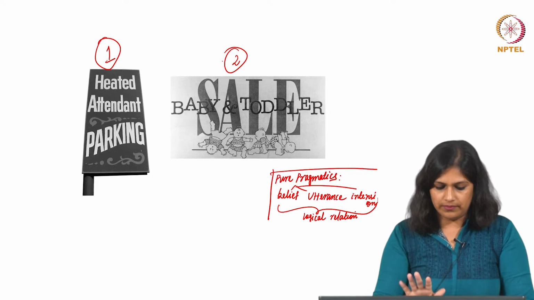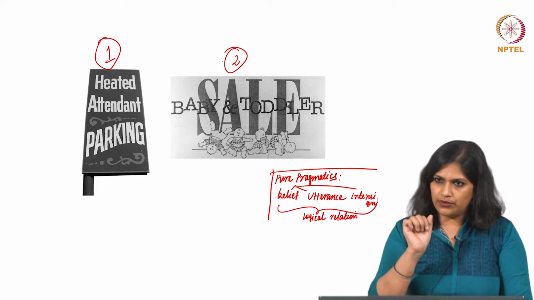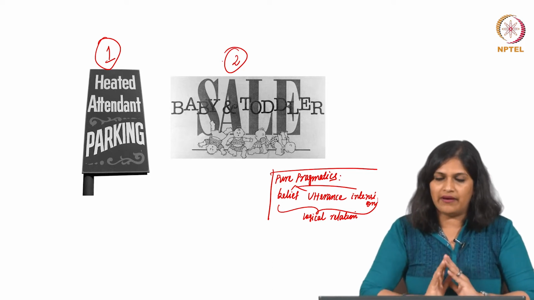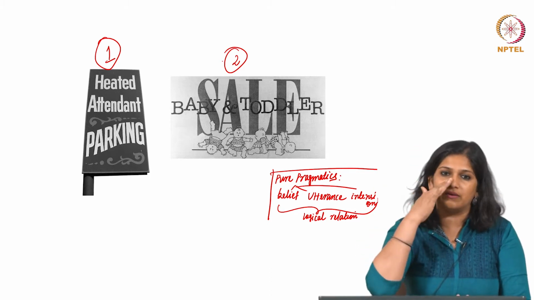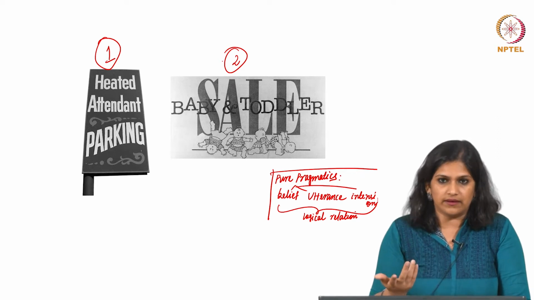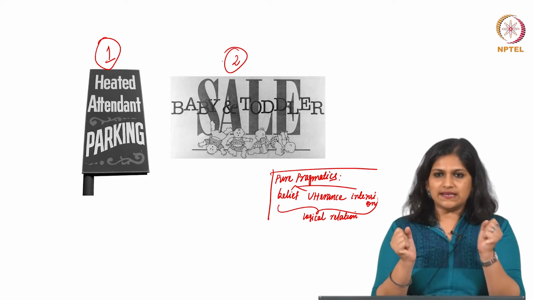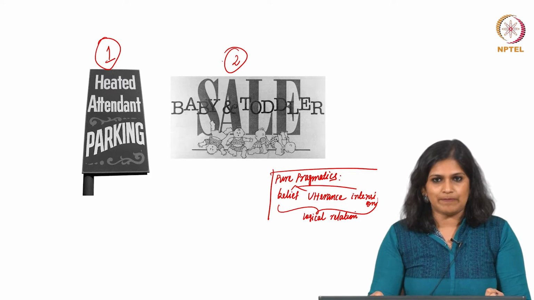So, since this is a heated place, we have our people who can assist you in parking, or who can keep a check on your vehicle, right. So, this is the world of pragmatics.